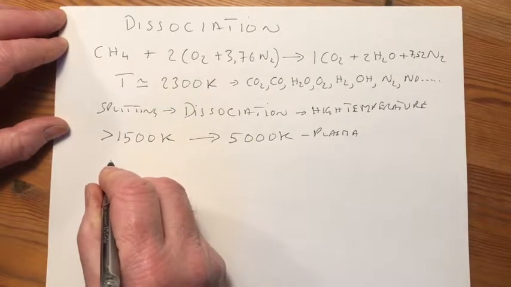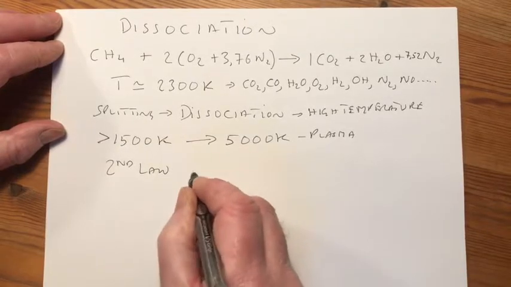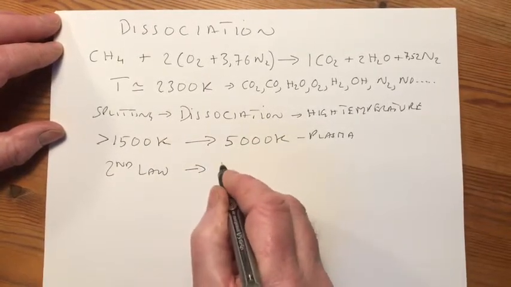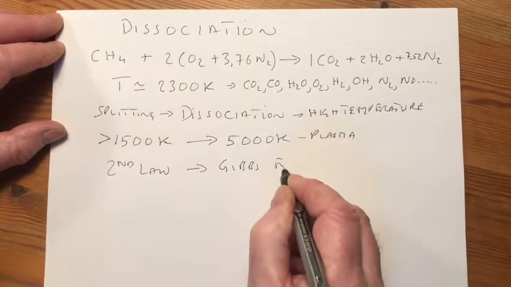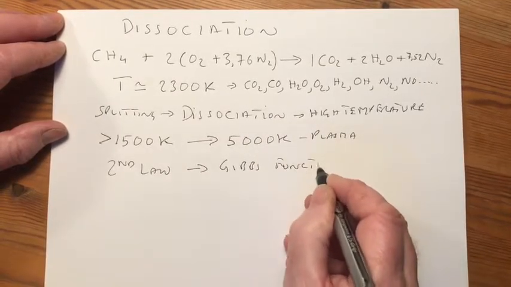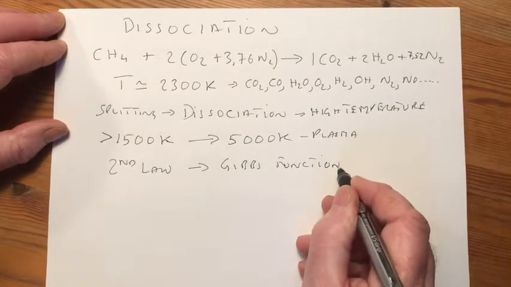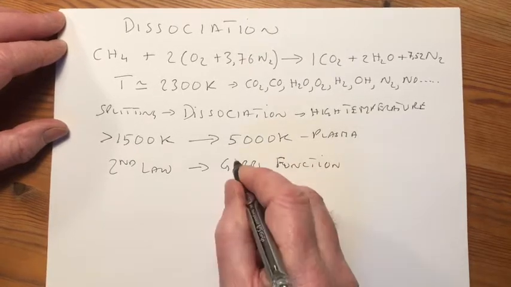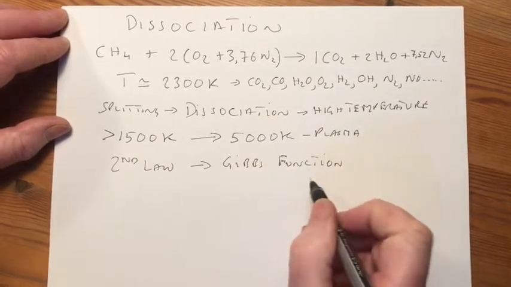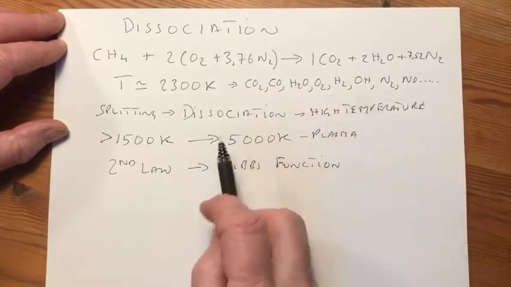This comes from the second law of thermodynamics, and this is also associated with what we call the Gibbs function. Now the Gibbs function, I just simply tabulated values for different components. I'm not going to go into those details about that. We'll just simply concentrate on trying to determine the components for the moment.